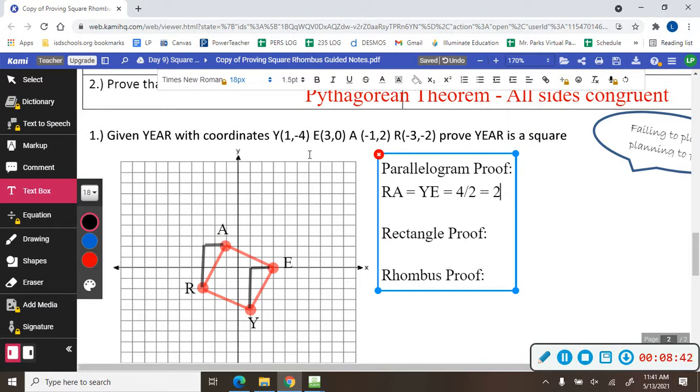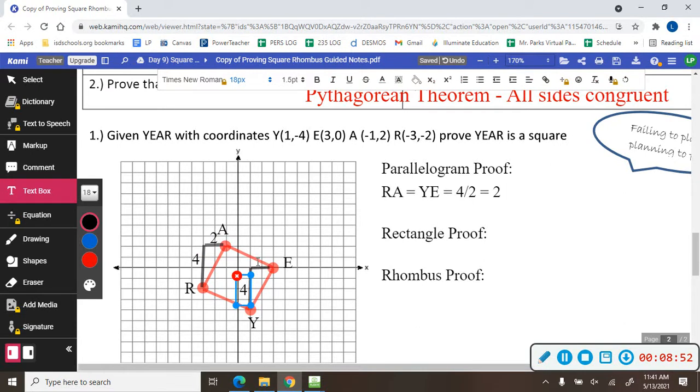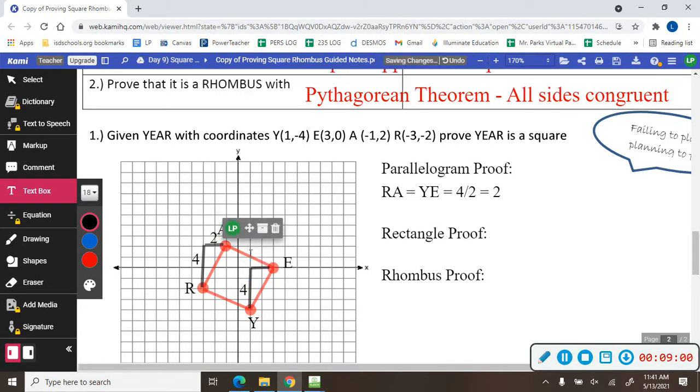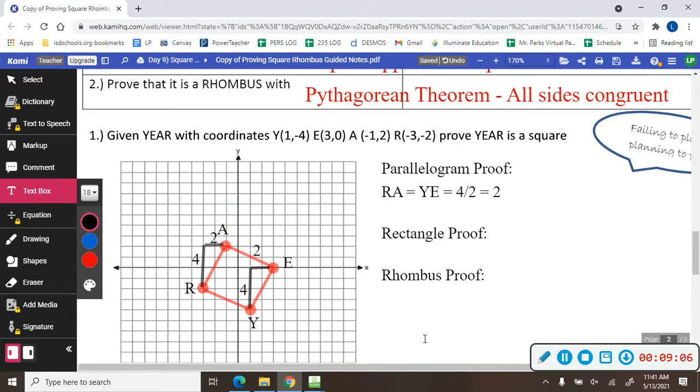Rise over run, 4 over 2. You go up 4, to the right 2 on both. So that's the first step.